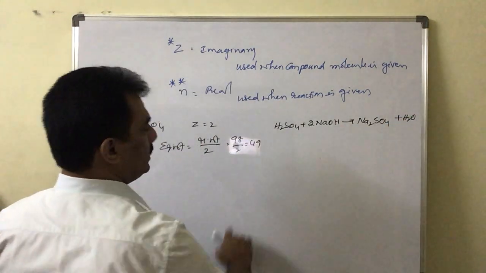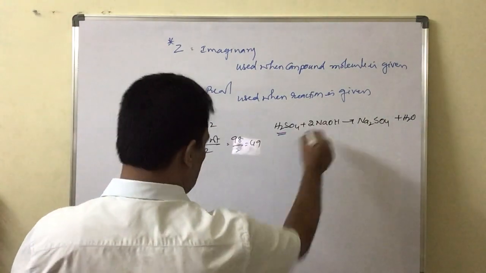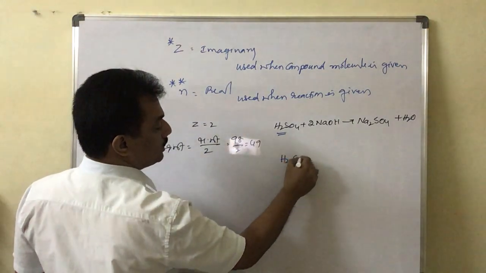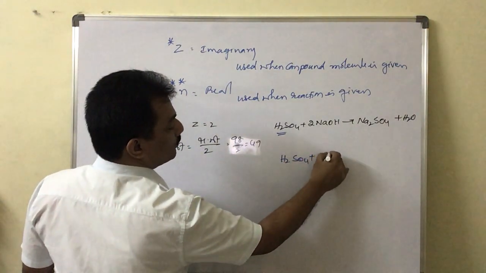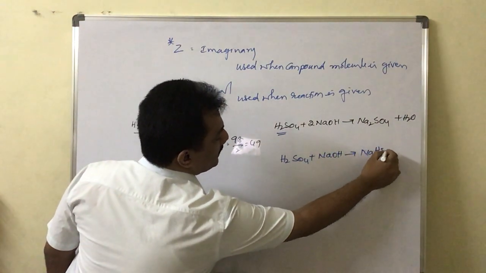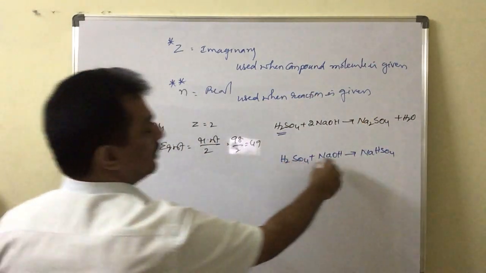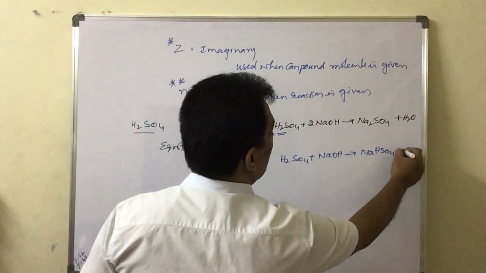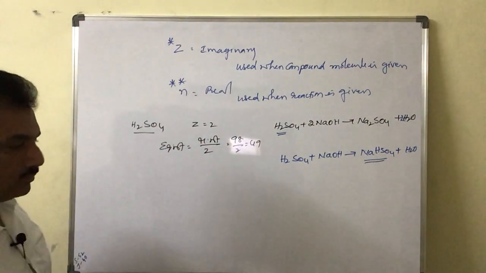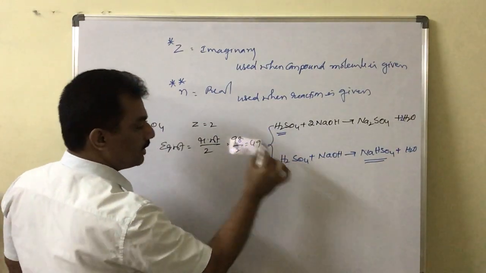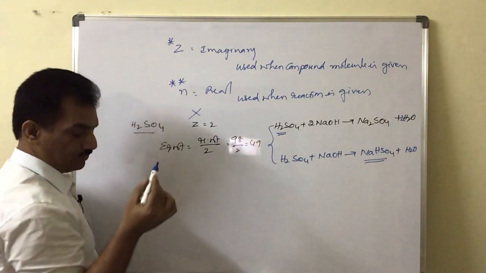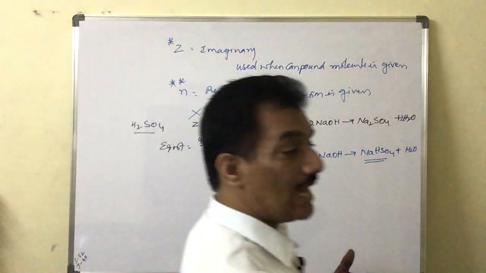The other reaction given is H2SO4 reacting with only 1 mole of NaOH to give sodium bisulfate plus H2O. If these reactions are given, then we should not consider the imagination. We have to go for the reality.